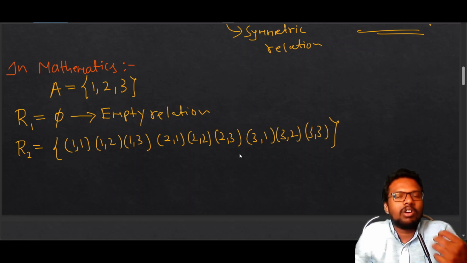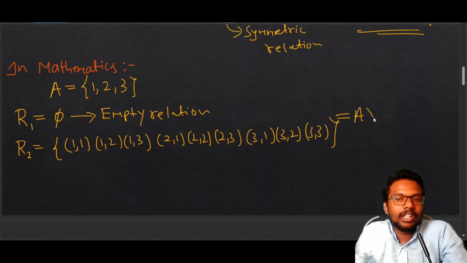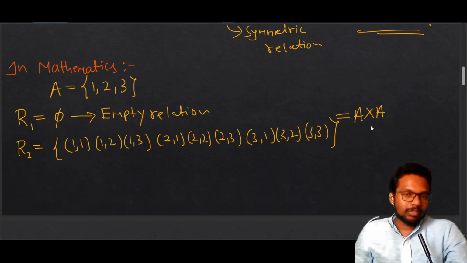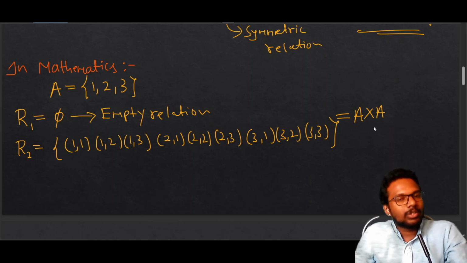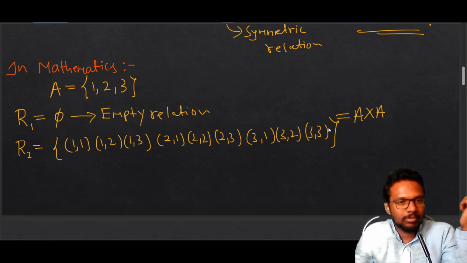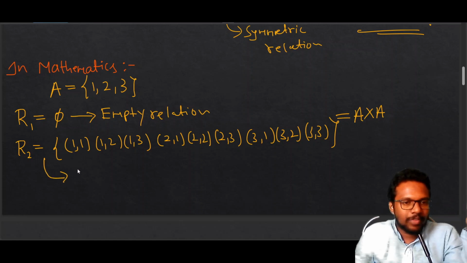So I have written all possible ordered pairs. Definitely this is A cross A, because the Cartesian product contains all possible ordered pairs. Now I have written all possible ordered pairs, so this R2 becomes the universal relation.